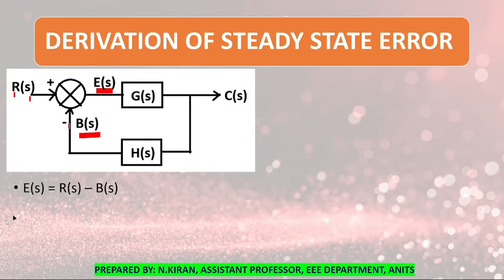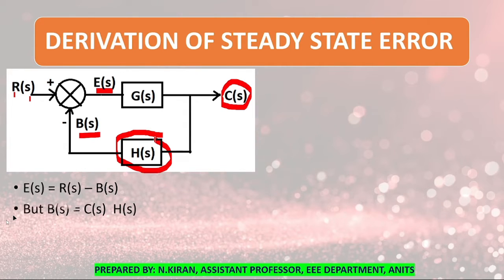But this B(s) can be obtained by taking the product of the output C(s) and the feedback gain H(s). So therefore B(s) I can write as the product of C(s) into H(s). This when I substitute in the above expression, it will give me E(s) is equal to R(s) minus C(s)H(s).